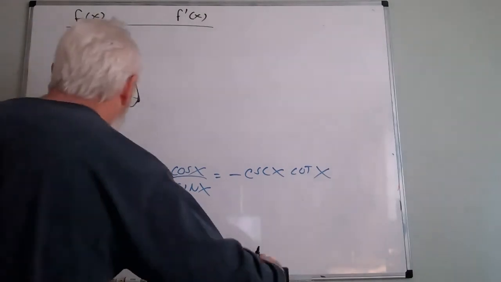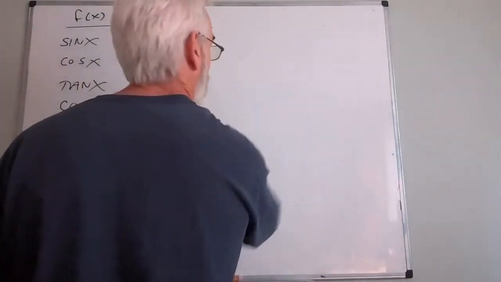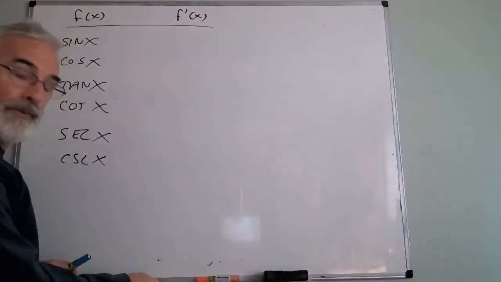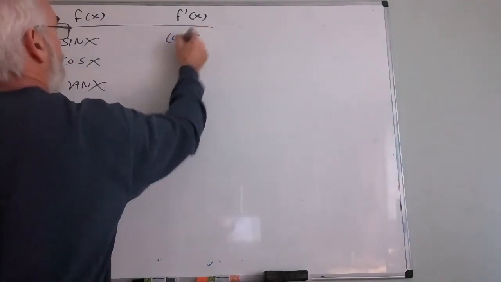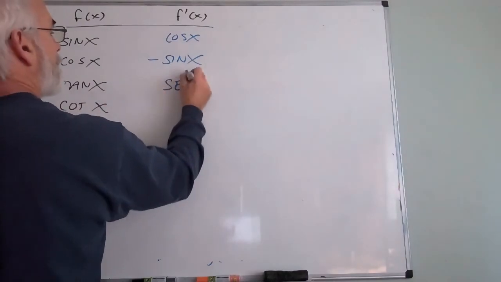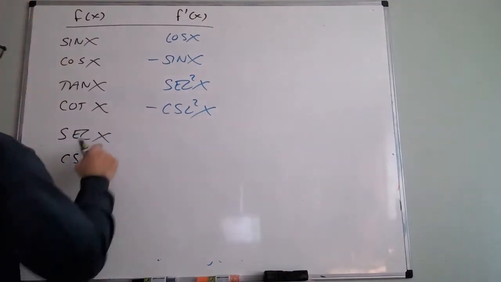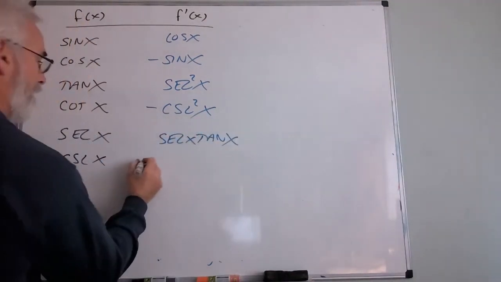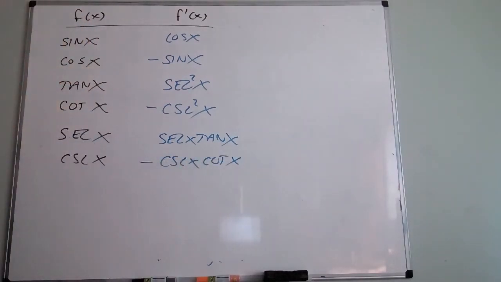What I'm doing is I'm pairing each of the trig functions with its what's called its cofunction. Just to show you that there's actually a pattern here that will help you remember. So the derivative here is cosine. Here it's negative sine. Here it's secant squared. Here it's negative cosecant squared. Here it's secant tan. Here it's negative cosecant cotan.